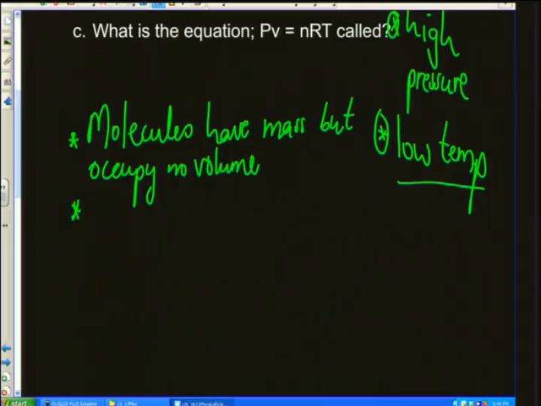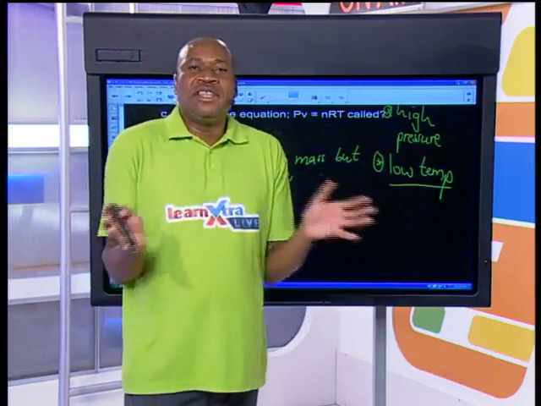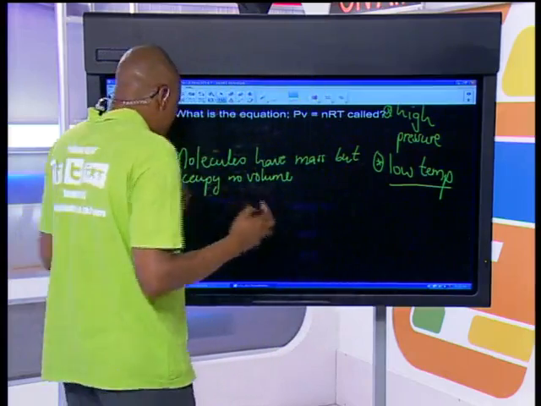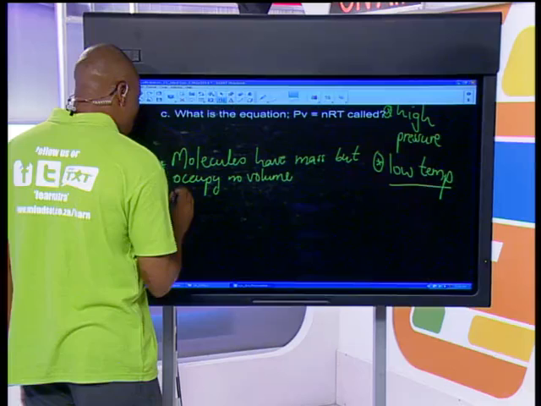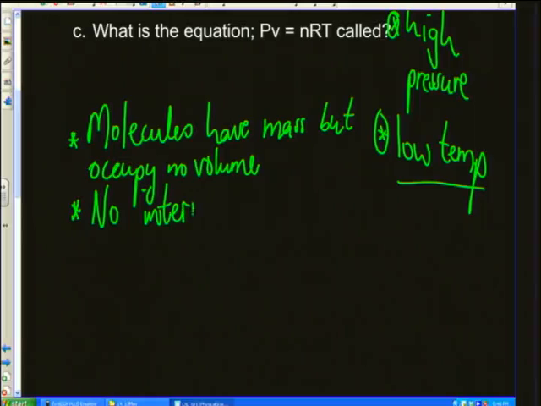And second, remember we said there are no intermolecular forces between them. With this imaginary ideal gas, the molecules do not attract each other. So no intermolecular forces between the molecules. There is nothing like that. Molecules occupy no volume, no intermolecular forces between them.